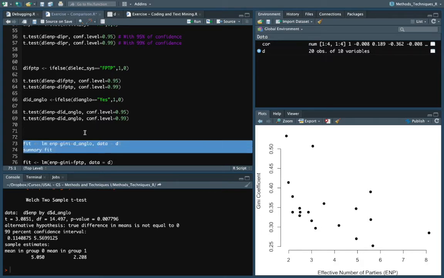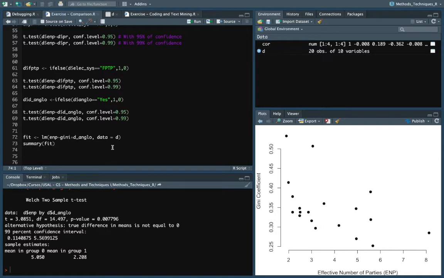So the first thing I will do is create an OLS regression, with the effective number of parties as the dependent variable, and the explanatory or independent variables, the ones I assume have an impact on the effective number of parties: the Gini, which we thought was negatively associated with the ENP, the Anglo-Saxon variable, and the FPTP. What are we expecting?